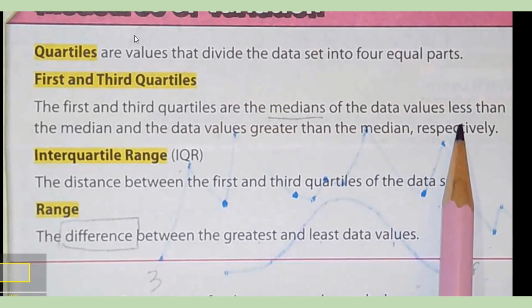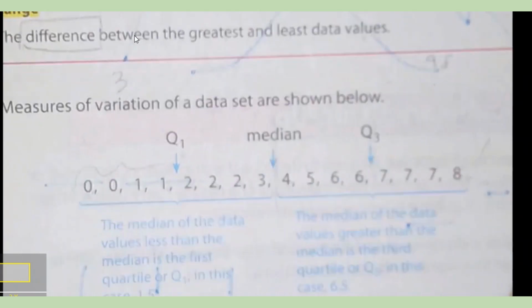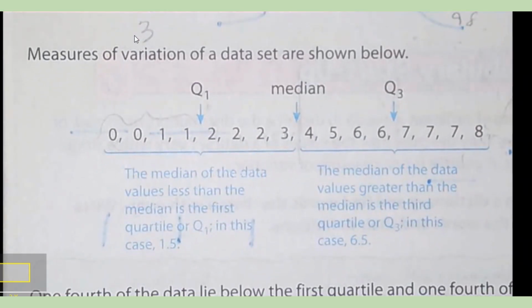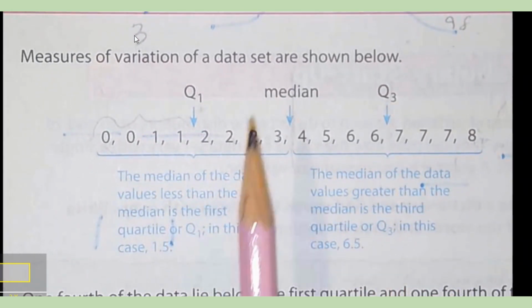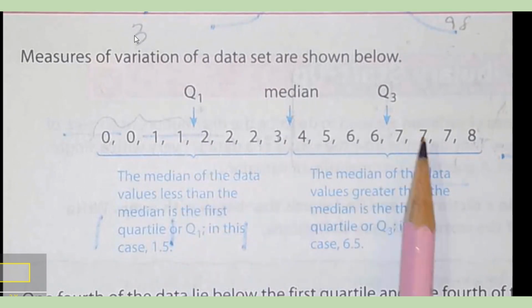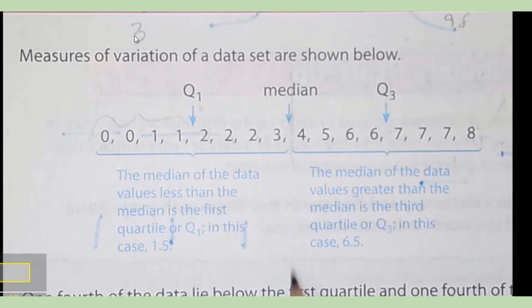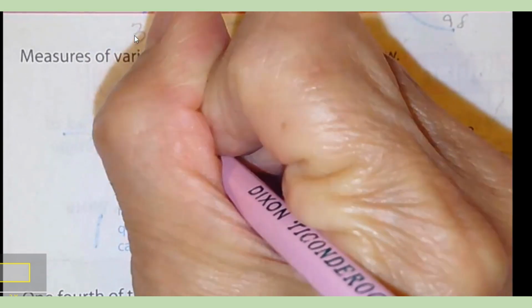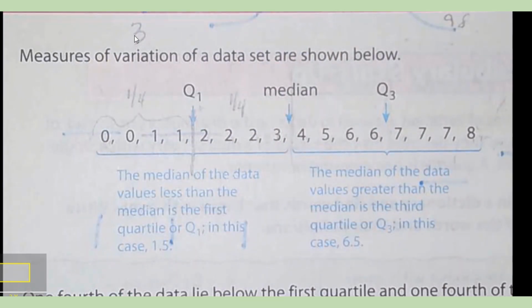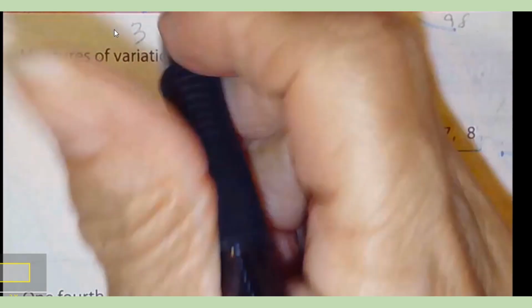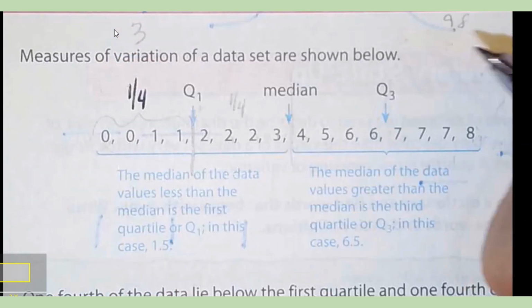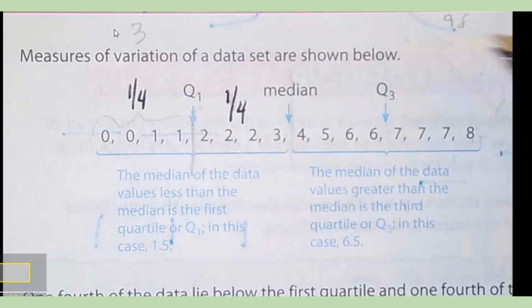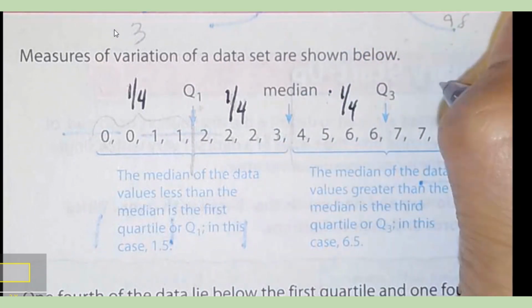And the data value is less than the median. So look at this. Okay, there's your first, and here's your third. 1/4, 1/4, 1/4, 1/4, and 1/4.